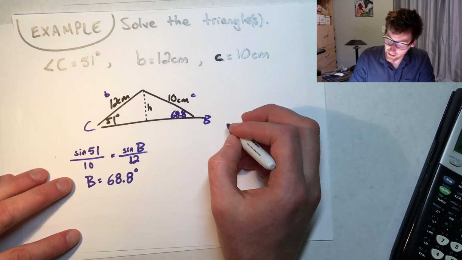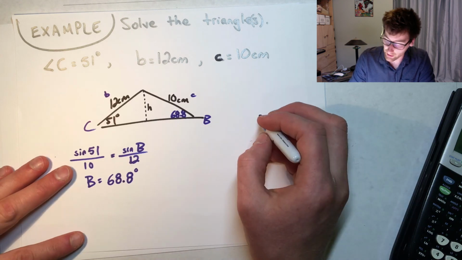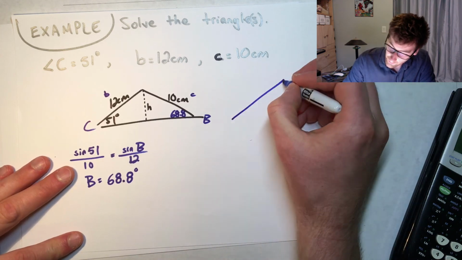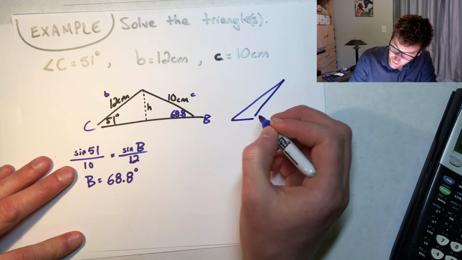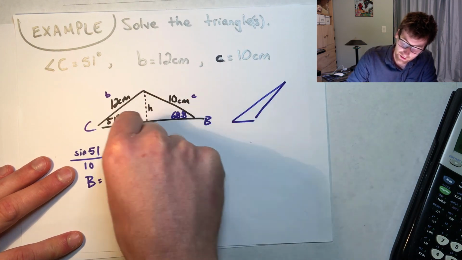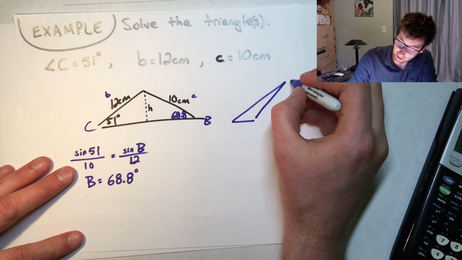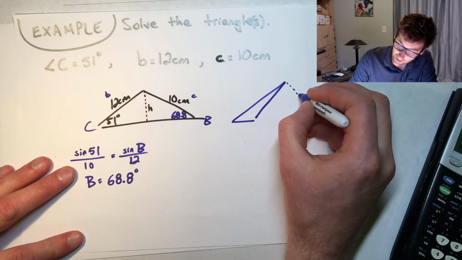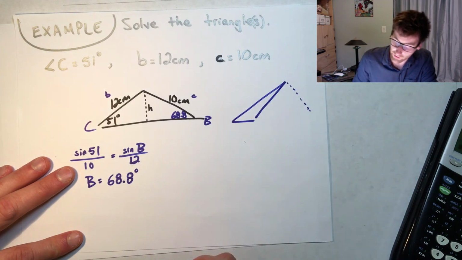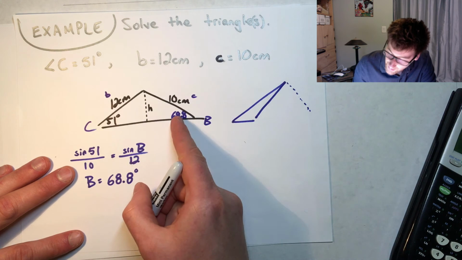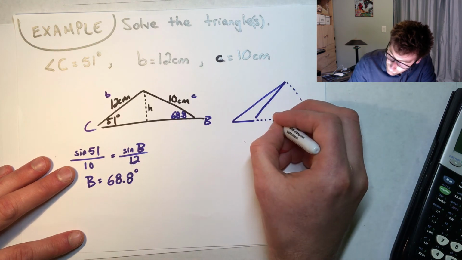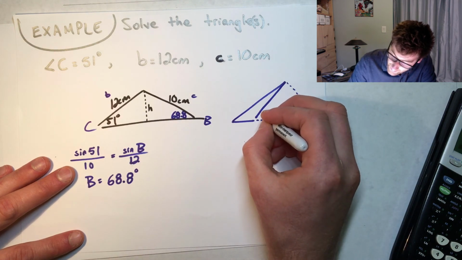It leads us that there's going to be another triangle, and it's going to look like that weird one, where you take this line and you drag it over here. This is our new triangle here. So since that's 68.8, that means this is going to be 68.8.